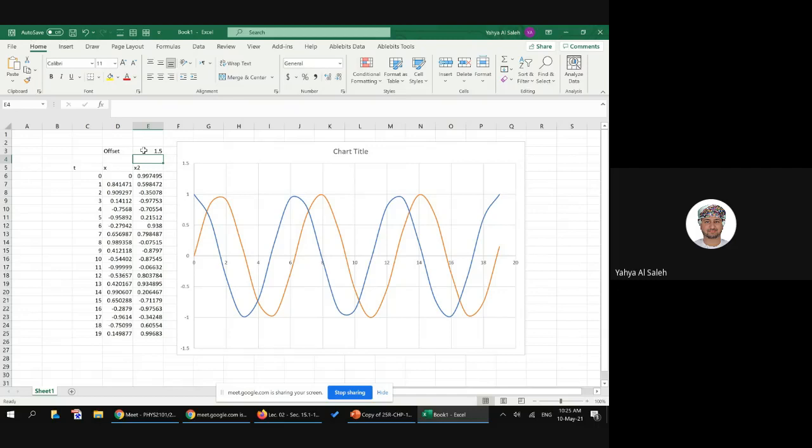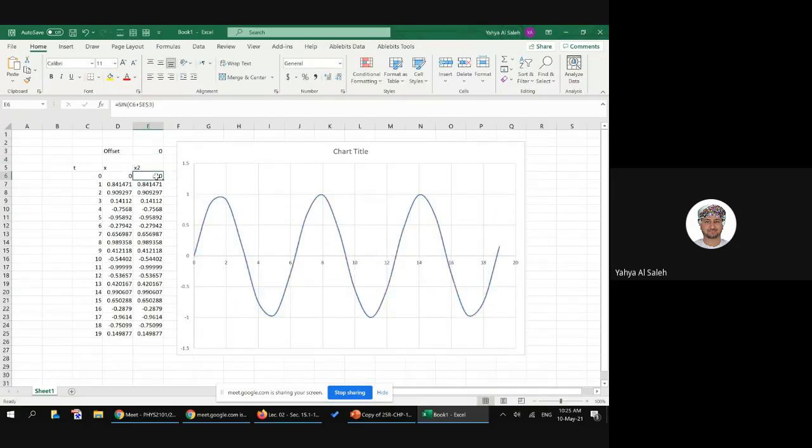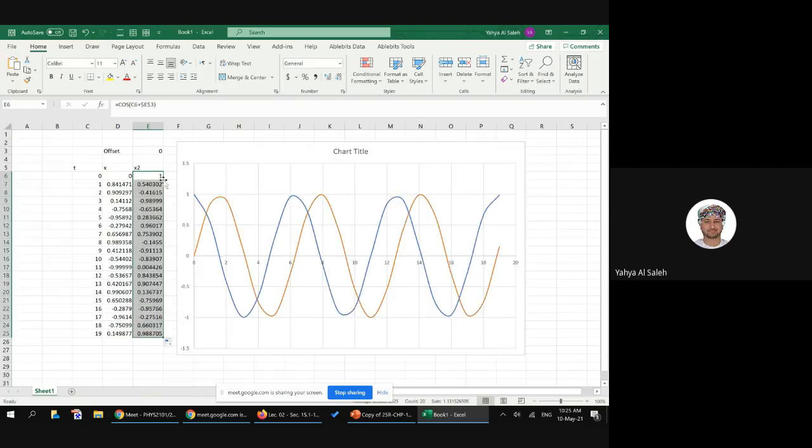Okay. Now I have a question. What is the offset between sine and cosine? Anyone know? الساين يبدأ من الصفر أيوة، والكوزاين يبدأ من فوق. جميل جدا.